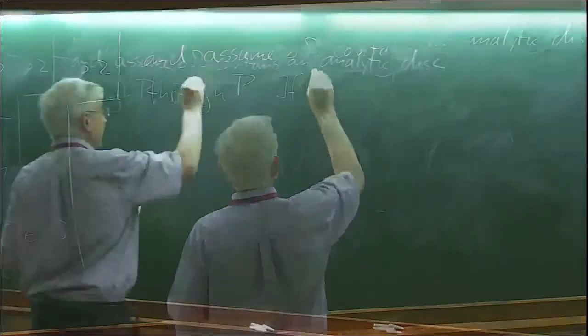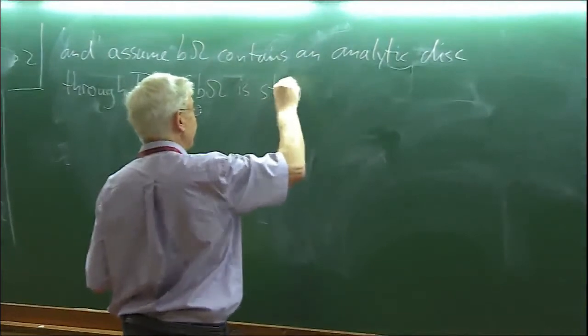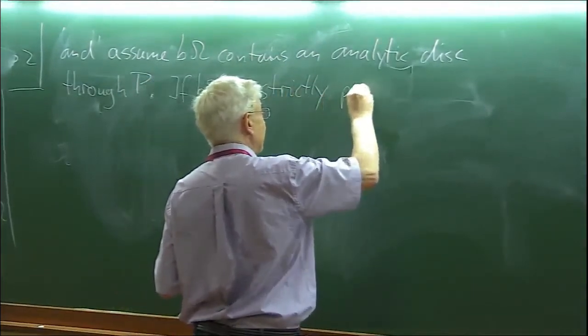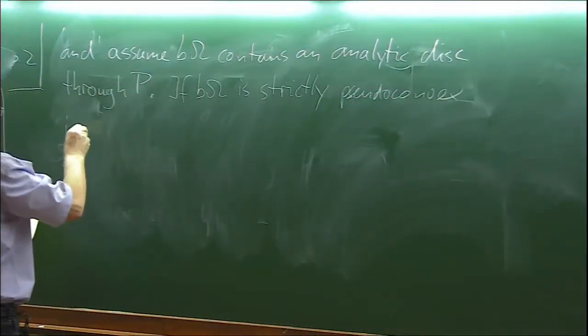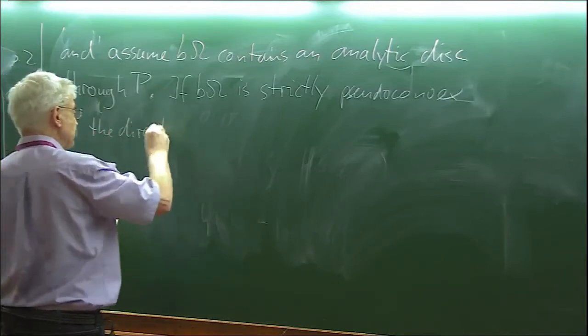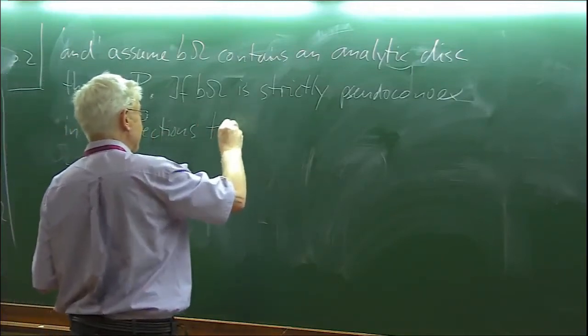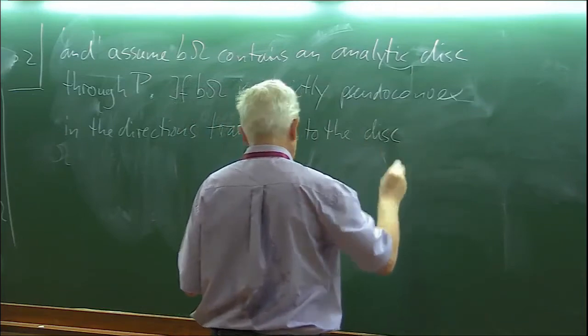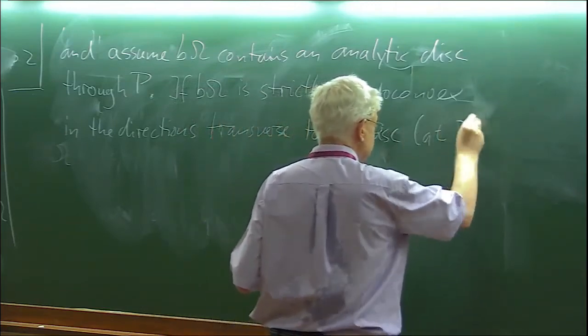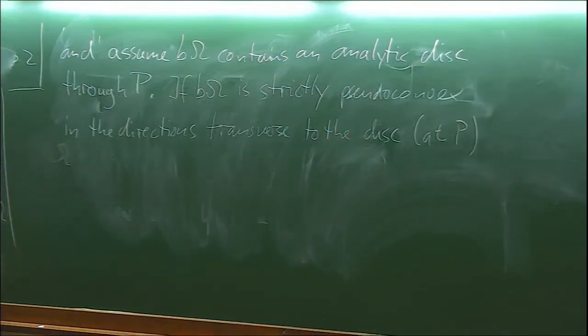Okay. If b Omega is strictly pseudoconvex in the directions transverse to the disk, just at the point P, but then this will be in the neighborhood. Right, so the tangent to the disk is going to be in the complex tangent space. Take directions transverse.